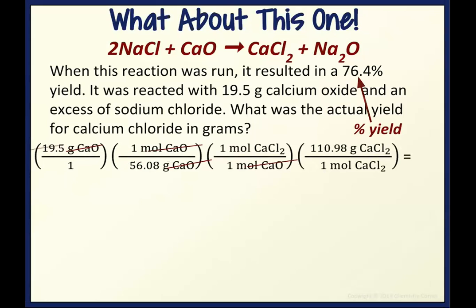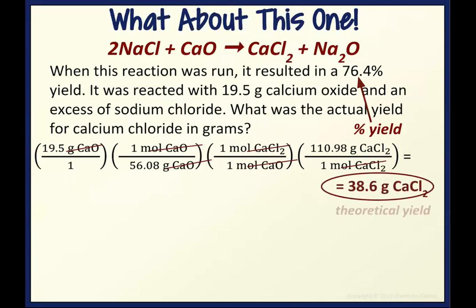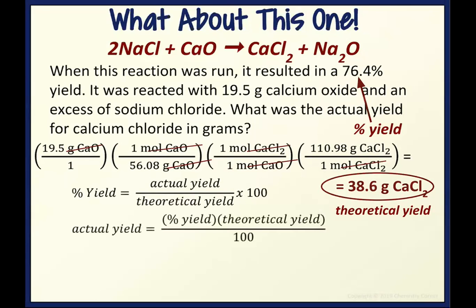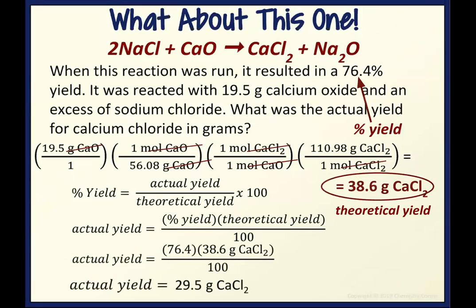So here the first thing we did was find the theoretical yield of calcium chloride, which was 38.6 grams. Remember how everything cancels. When you are doing these problems, put the units on your paper. I see you attaching pictures and you're not doing that. If you put the units, then you're not going to forget any. So then here's our percent yield equation. We're going to rearrange it to solve for actual yield, substitute in what we know, and we get 29.5 grams of calcium chloride.